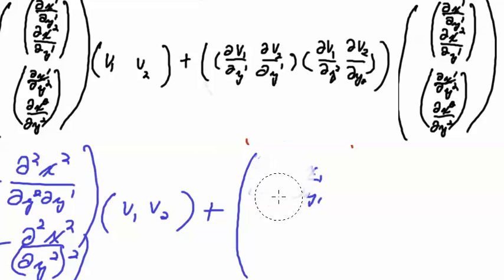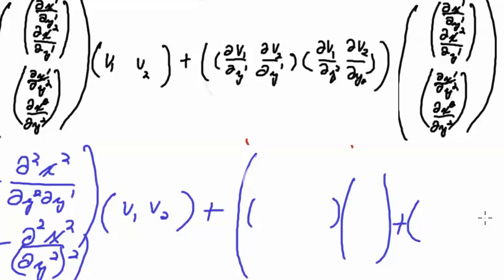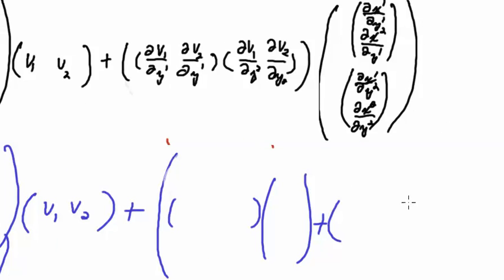I'm not going to write this whole thing out. I'm just going to do the two products, this times this plus this times this.